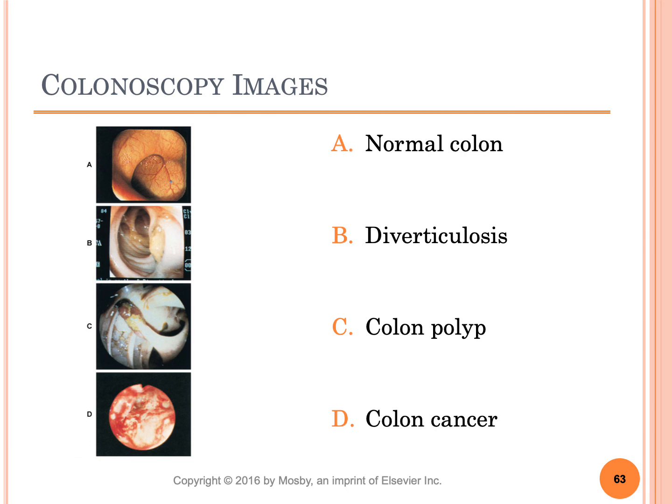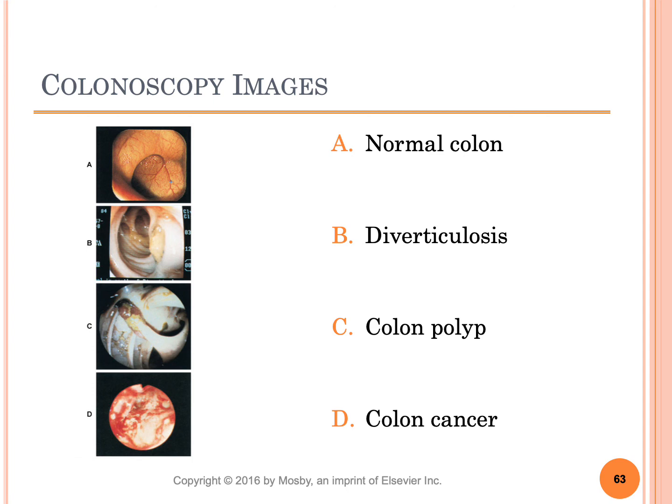On this slide, we're looking at some different images from a colonoscopy. So the top one is a normal colon, and usually they will use air to inflate the colon so that they can see what they're doing as they're in there. Image B, and I'm not sure if you can see it, but sometimes these little pouches develop in the colon, and they're called diverticuli, which is plural, diverticulum for one, and they're these little recesses where food particles can get trapped in there.